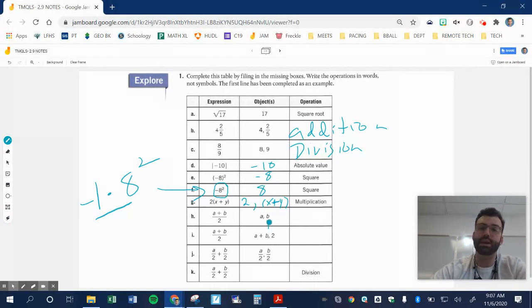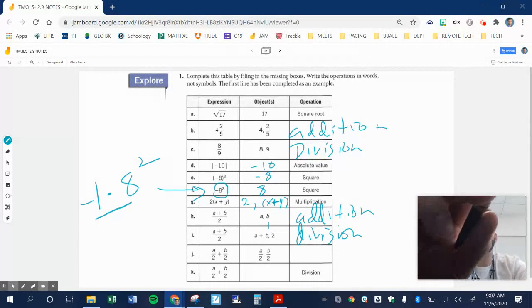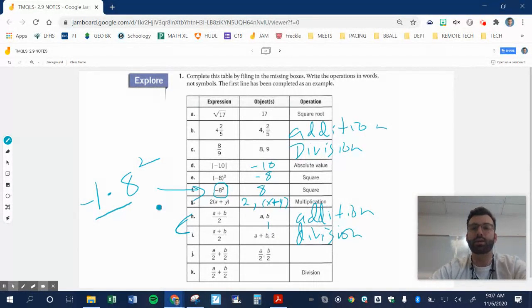Why 2 is not in this one, I don't know. This one, the book is just looking at the top and looking at addition. This one is looking at division. And I'm going to tell you right now, I don't see a difference between these two. What operation I see going on here is both of these, addition and division. There's nothing else that could be going on.